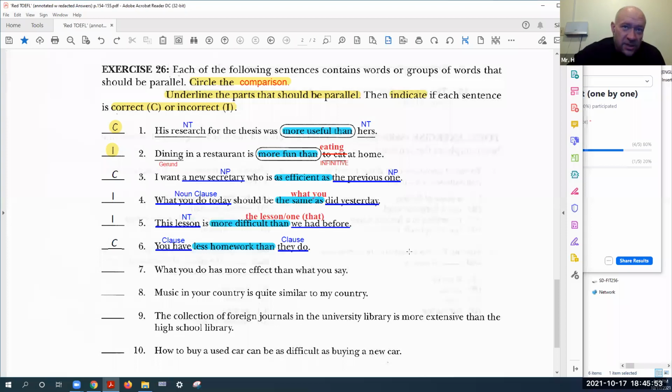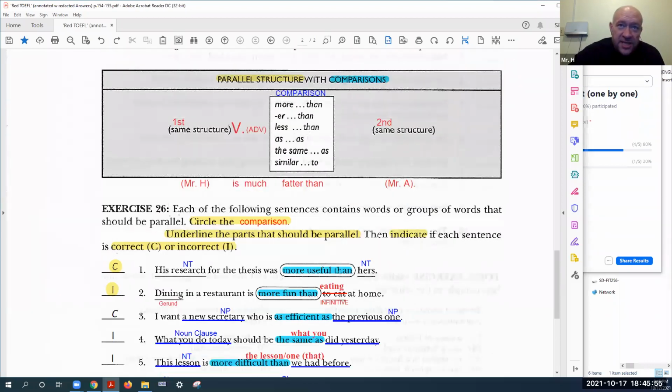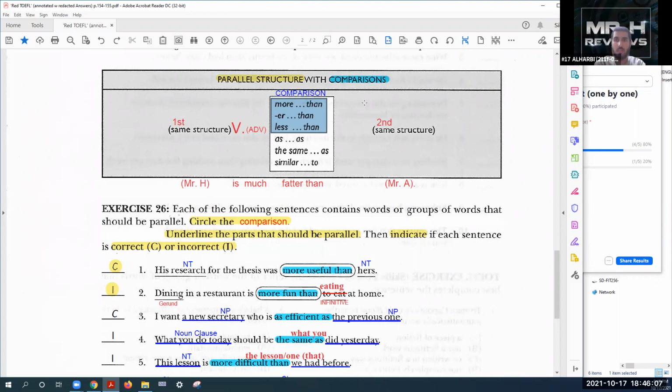Oh, you see, let me go back up here. So you see these three formulas here show differences, right? Yes. The first one and the second one. But what do we put between every formula? More, what, than.